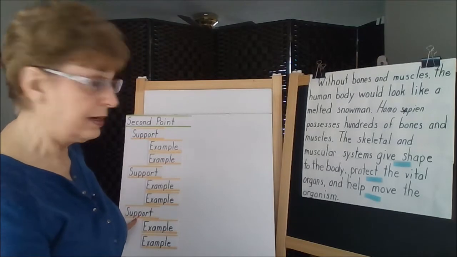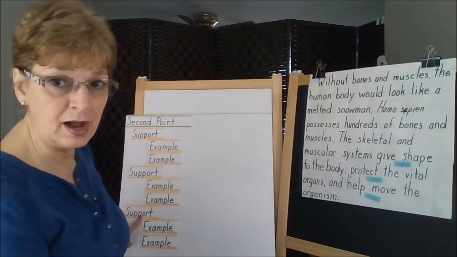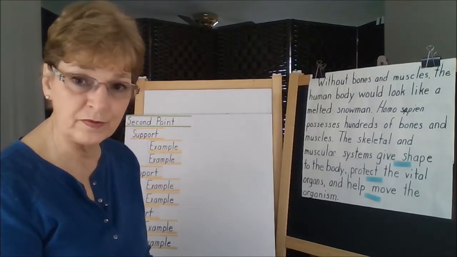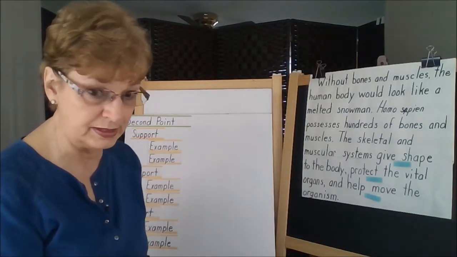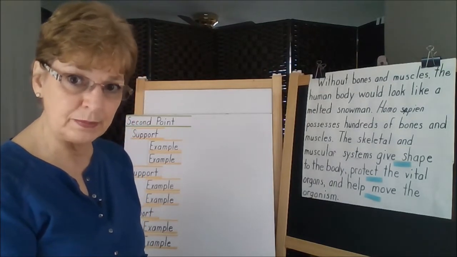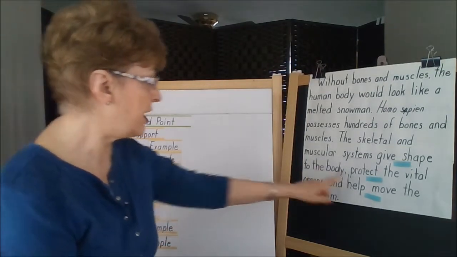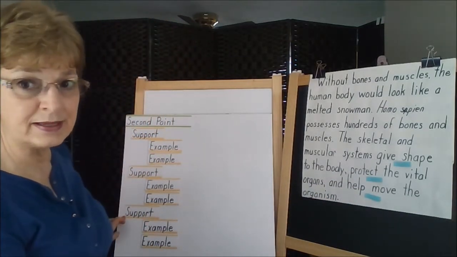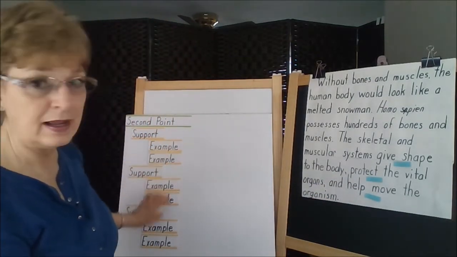So the vertebra in the spinal column protecting that fragile nerve column that we certainly need protected. So our second body paragraph, protecting the vital organs, now has 3 support pieces that you have given examples about.